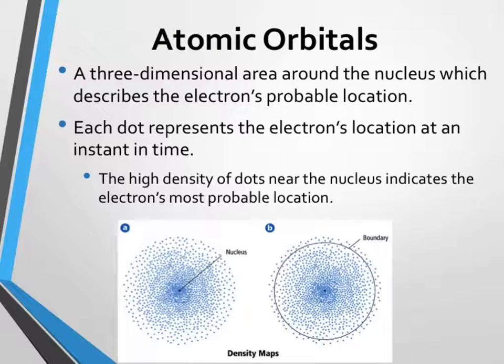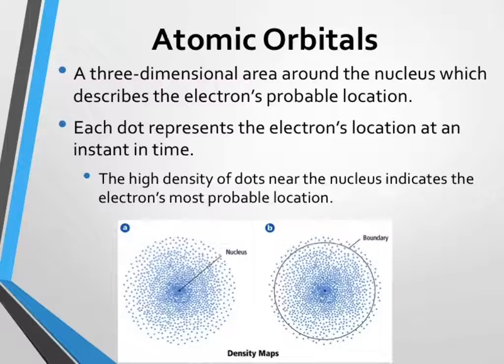Okay, so this is what the quantum model looks like. We went from looking like the orbital to this. Each one of those dots is the probable location of where an electron may be at any given time. How do we draw that? I have no idea. This is called a density map. Do you see where it's really dark towards the middle? What's in the middle? The nucleus.